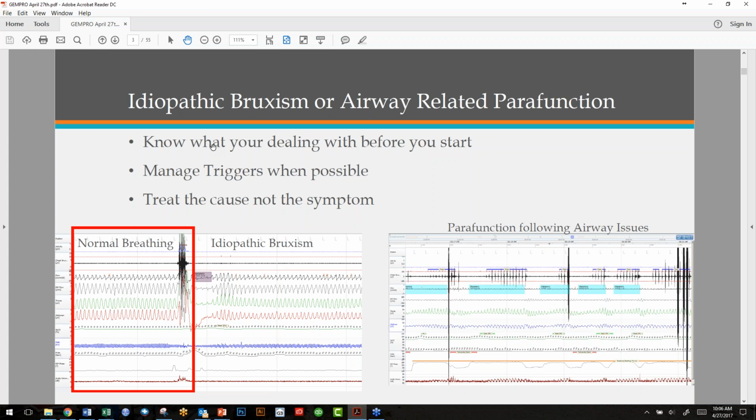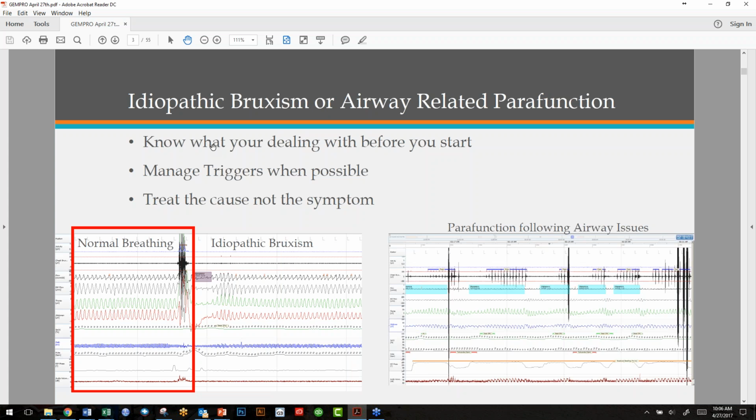This is, I think, what most people think of when we talk about bruxism and tooth wear. However, what we've experienced is what's going on the right. I believe this is more significant than the image on the left in the number of people that suffer from it.